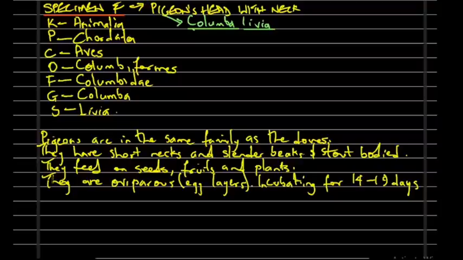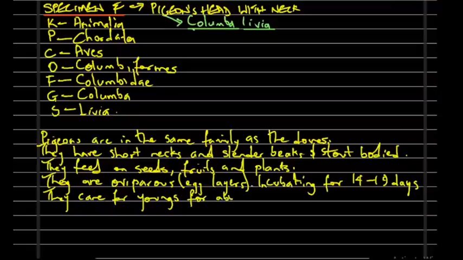And then we have the care for them. They care for their young ones for an average of 2 to 3 weeks after the eggs have been laid. For young ones, for about 3 weeks.